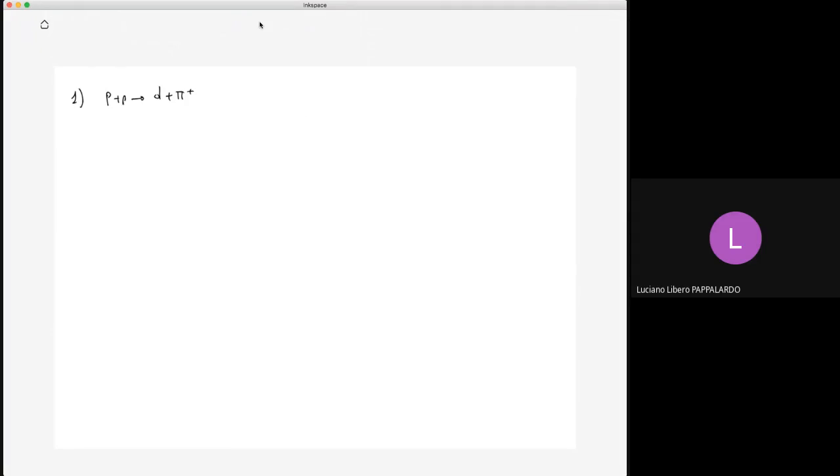Let me remind you that for the proton we have I3 equal to plus 1/2. The I3 for the deuteron is 0. It is an isoscalar particle. And I3 for the pi plus is, as you know, plus 1.